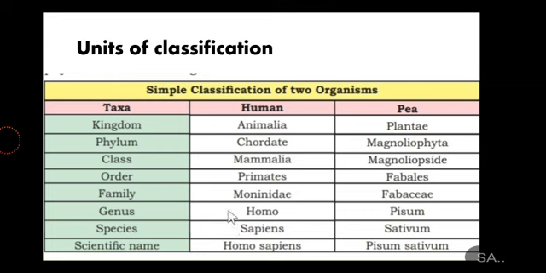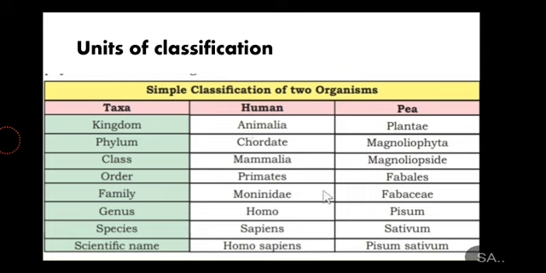Genus is Homo. Family is Hominidae. Then order is Primates. Our class is Mammalia. Phylum is Chordata. We are chordates basically. And finally, the kingdom of human beings is Animalia.